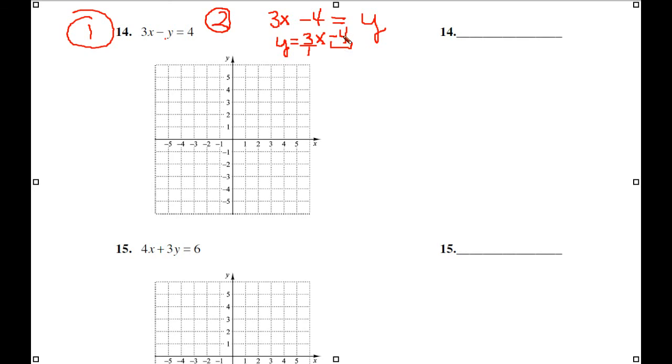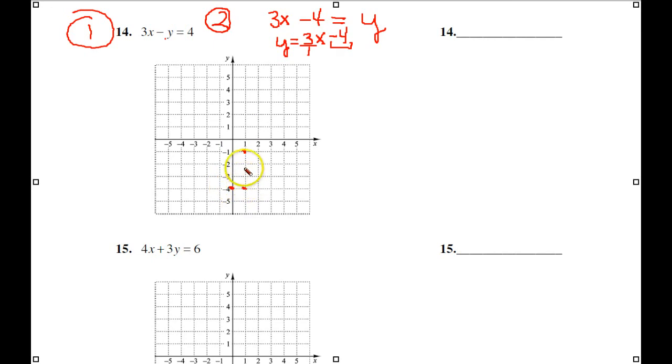So the first thing we are to do is to plot the negative 4. We go down here and plot our y-intercept, a negative 4. Now again, this is positive, so 1 is my x, or run, and my rise, or y, is 3. So I go up 3. I make a little right triangle.